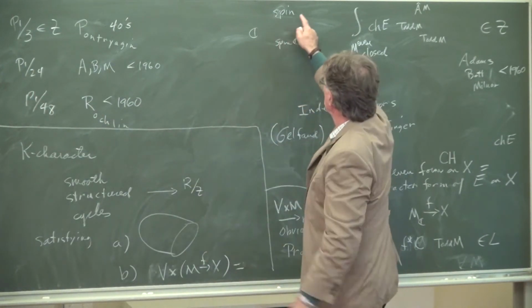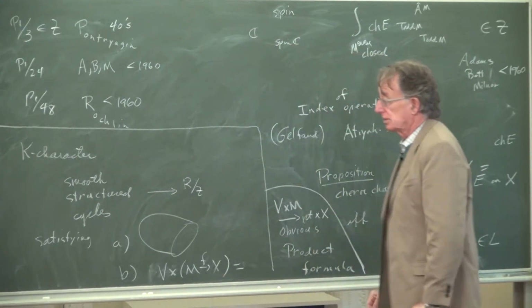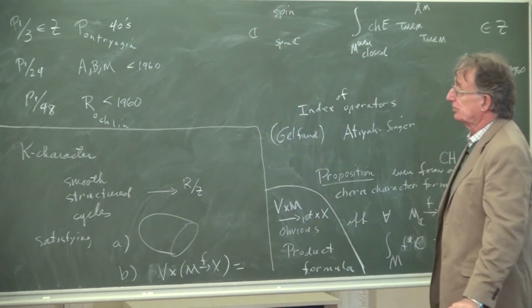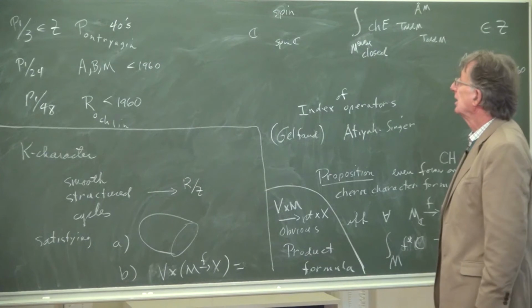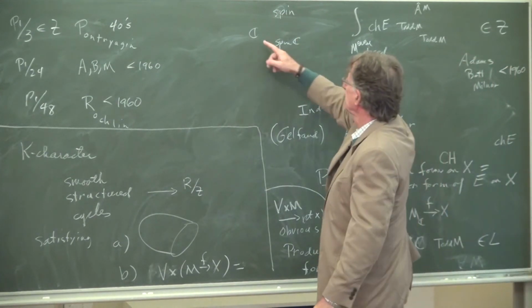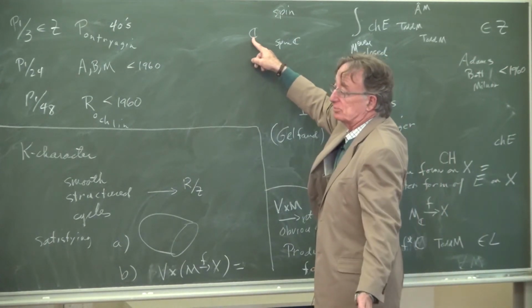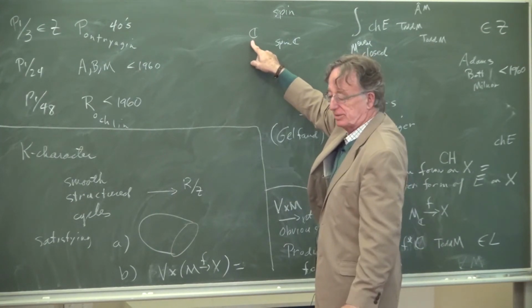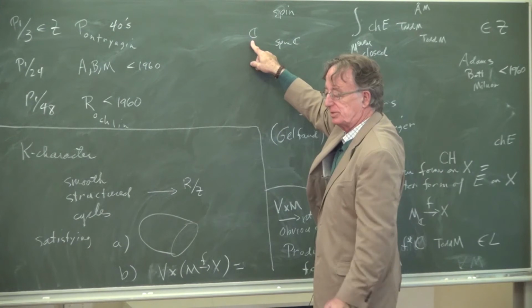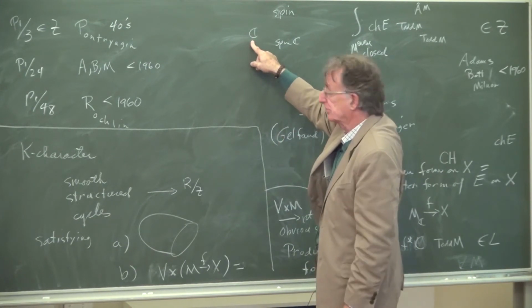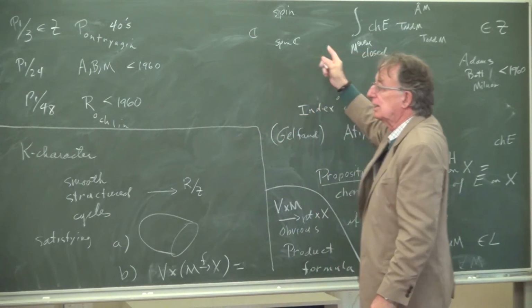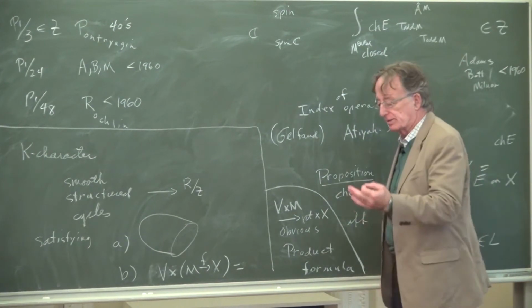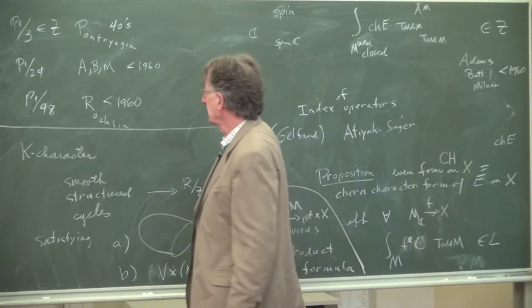Then it turns out that's if you have a smooth manifold, but there are 3 other kinds of manifolds that can come into play besides smooth manifolds. You can have spin manifolds, almost complex manifolds, or stably almost complex manifolds. When I refer to a C manifold, I mean a stably almost complex manifold, which means the stable tangent bundle has a complex structure. Or spin C, I'll say what that means effectively, I won't give the definition.